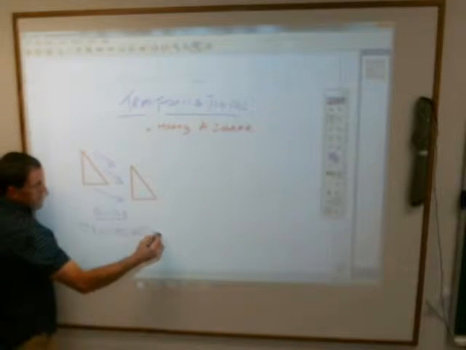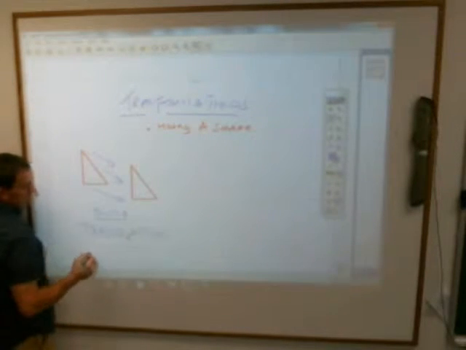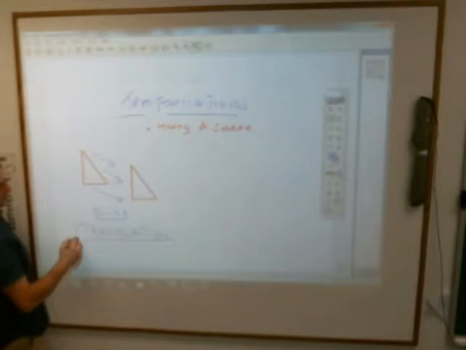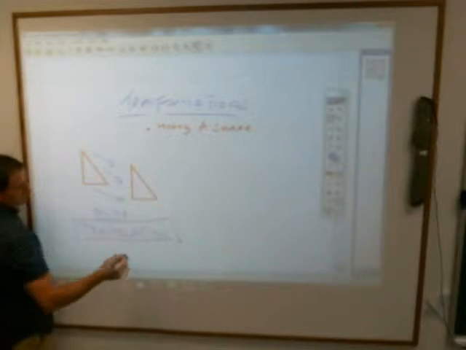If you want to say something was translated from one side to another, you have to use the word translation. Got that? That's a pretty simple one.